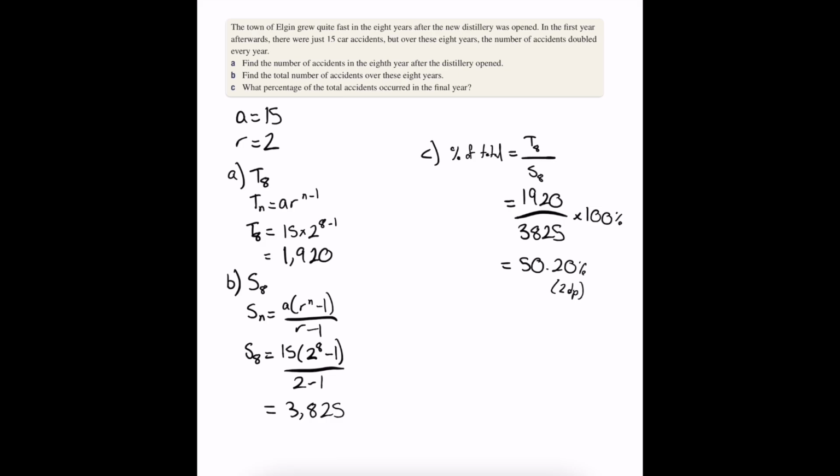And so what you end up getting is that when you get to a larger and larger term, it becomes an overwhelming percentage of the total sum of the first however many terms. So I hope that this answer here of 50.2% can sort of highlight how fast a GP grows and how dominant the last term is over the sum of the first however many terms.